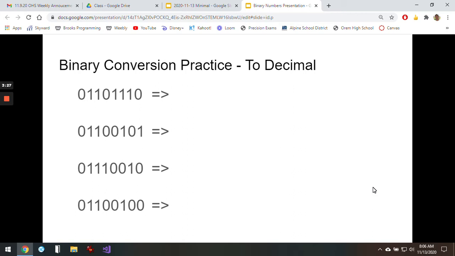In this case, we are starting with a binary number, 01101110. So I'm going to need 8 positions. I outlined 8 positions from 1 through 128. I take the binary number starting at the right and fill it in from right to left.